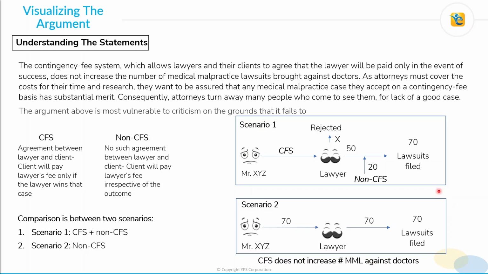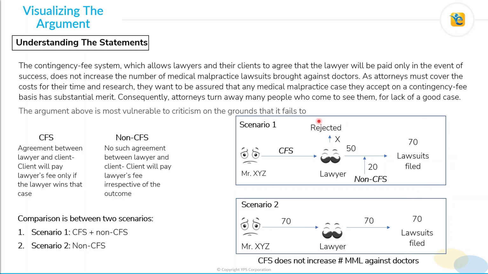Does not increase means it remains the same, as per the example that I have used, or it may actually reduce. So even if it is 70 here and 50 here, the conclusion stands. It is just that it does not increase. So it can decrease or it can stay constant.